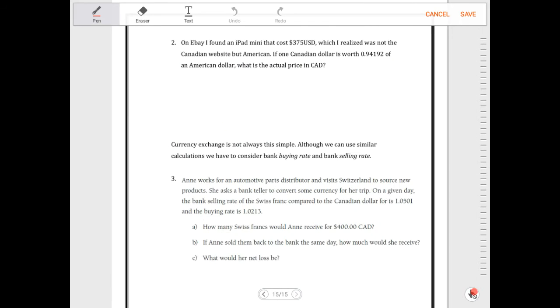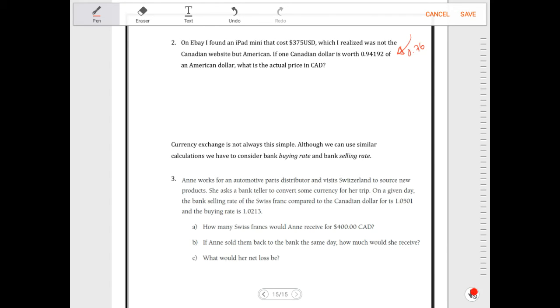Let's try, oh, sorry, that's loading up there. Okay, so here we go. On eBay, I found an iPad mini that cost $375 USD, which I realized was not the Canadian website, but American. If $1 Canadian is worth 90, wow. Well, first of all, let me tell you, that is no longer the case. At the time of this video being created, it's more like 0.76.